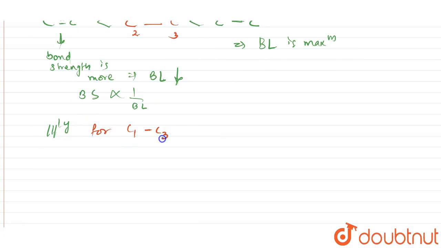So it is the same for C1, C2 and C3, C4. The bond length for C1, C2 is obviously going to be greater than C1 double bond C2, but less than C1 single bond C2.